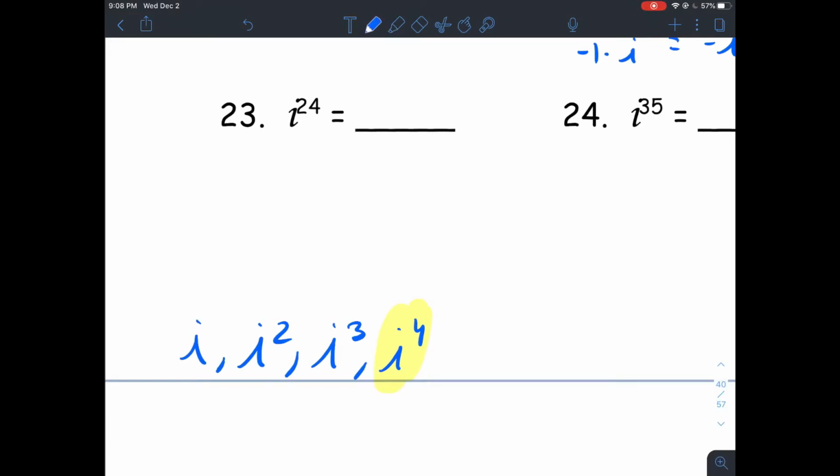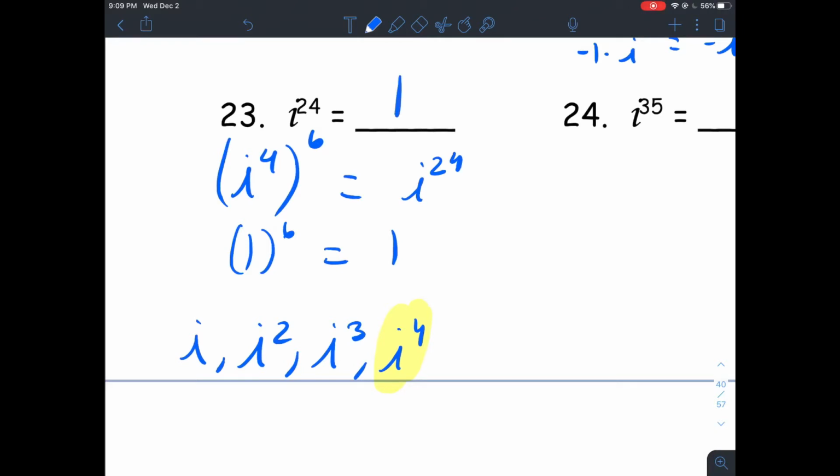So essentially you want to see how many i to the 4ths can fit into i to the 24. If we had i to the 4th here, we could raise this to the 6th power, and this would give us i to the 24th. Well, we know that i to the 4th is equal to 1, so we could replace that i to the 4th with a 1, and we just get 1 as our answer.